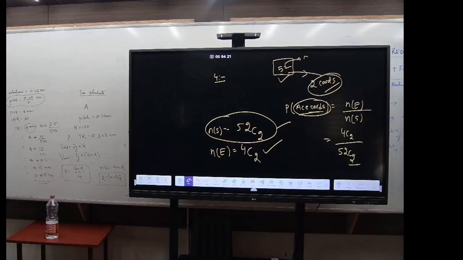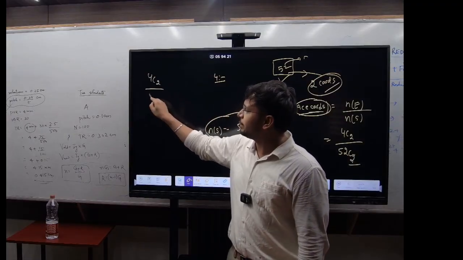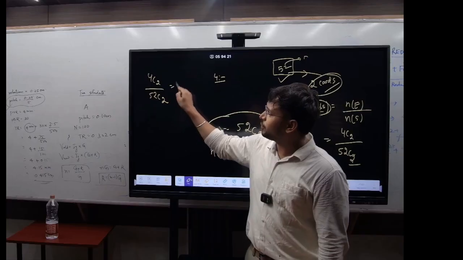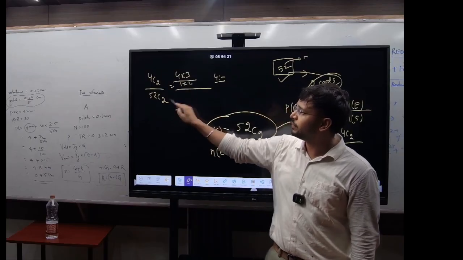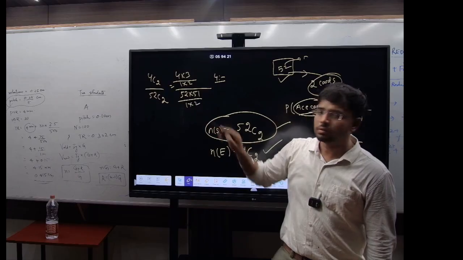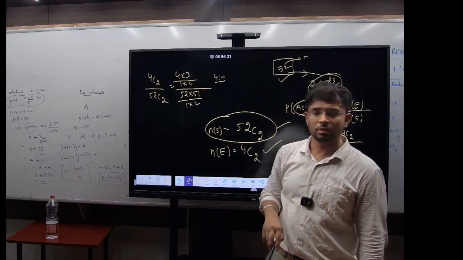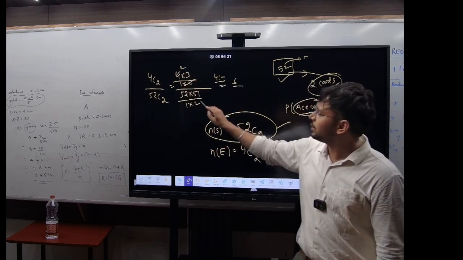Understood? The next question will make it more clear. So 4C2 and 52C2, how will you solve? 4 can be written as 4 into 3, 2 can be written as 1 into 2. 52 is 52 into 51, this is 1 into 2. Yes or no? So this will be 2 times, so 6, this will be 26 times.